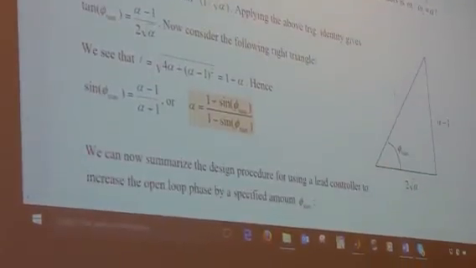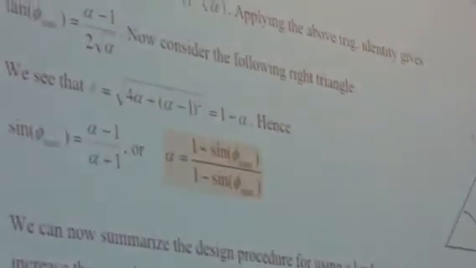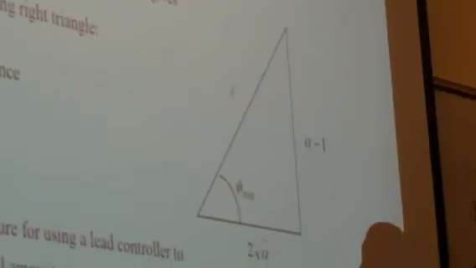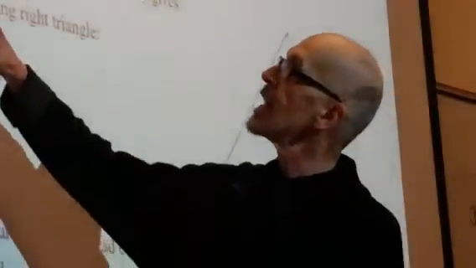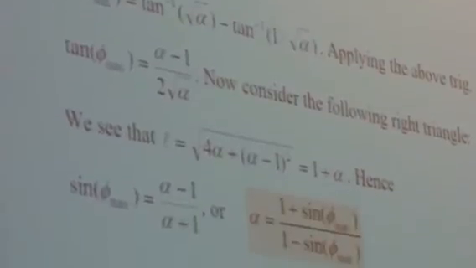And this is where my geometry comes in, because I really like pictures a lot, I just use pictures. And from the pictures you find out that alpha, and I define alpha as omega 2 over omega 1. This is one important property.